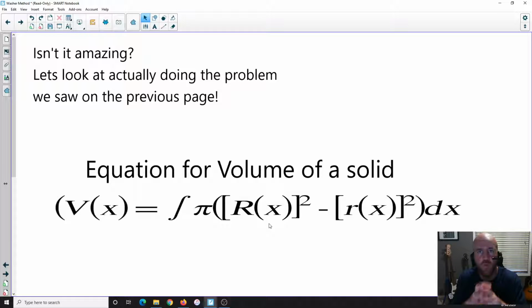So we took those away from each other to find the difference. Multiplied it by pi, and then we multiplied it by the height. So this height is represented by the change in x. So this infinitely small height, and it's changing every time, okay? And that's going to be determined by the boundaries of our integral.